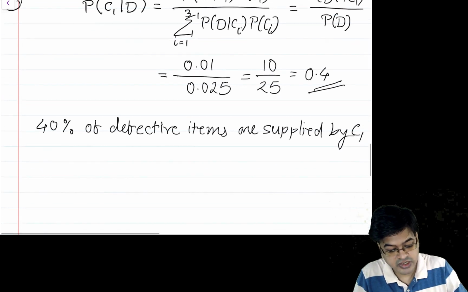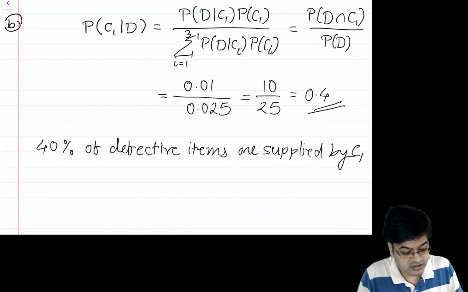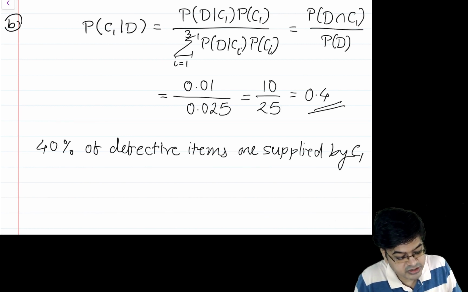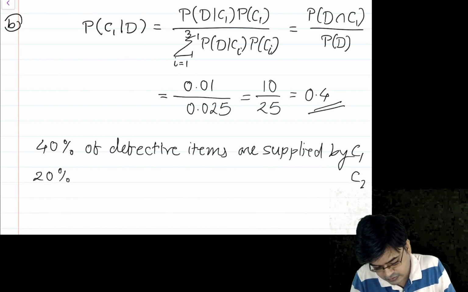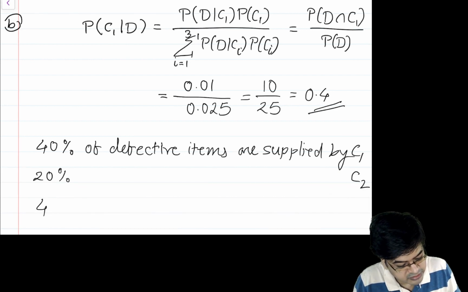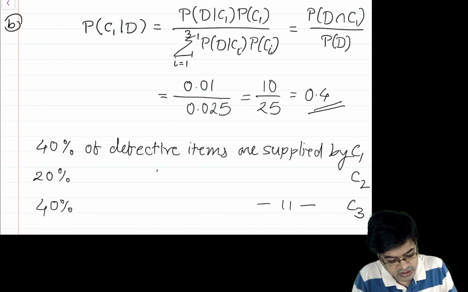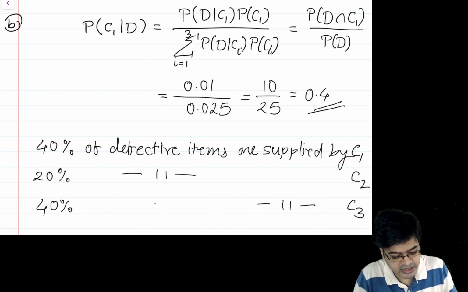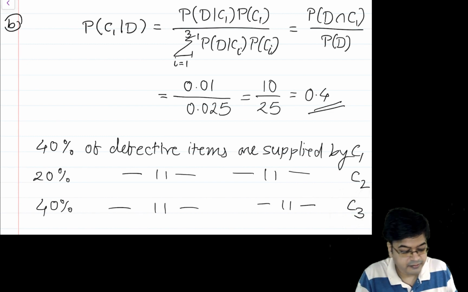Okay, so you can do a similar analysis because the proportions are same. C2 will be responsible for 20% of the defective items and C3 will be responsible for 40% of the defective items. Now suppose a quality check inspector has to make a decision based on this understanding, right?